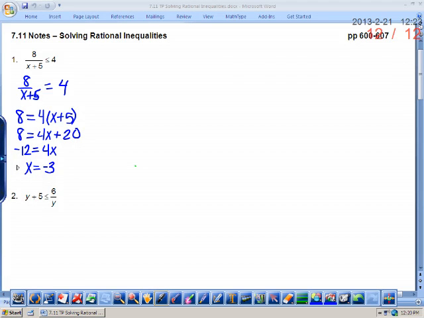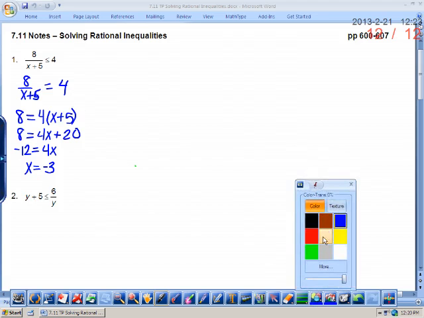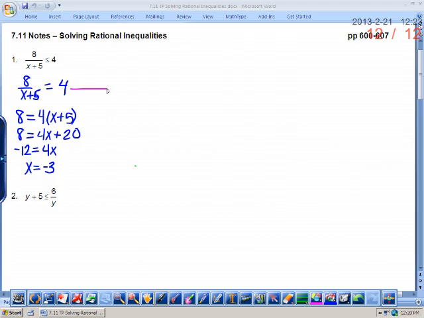Everyone okay with that? Okay, so that's one of what we're going to call our critical values, okay? Your other critical value is going to come from any x values that would make your function undefined. So what are any x values that would make this equation undefined?